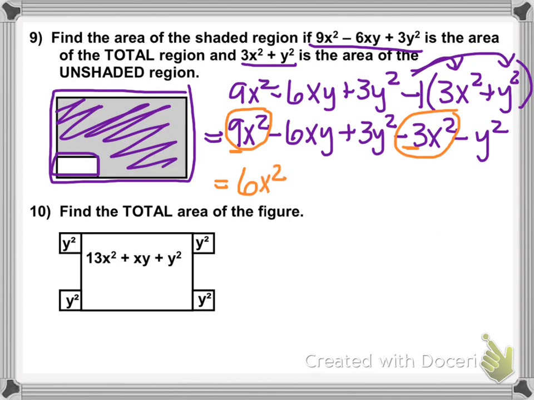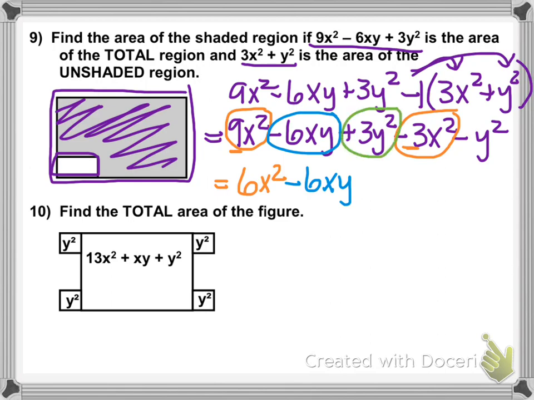All right, my next term is the negative 6xy. So I've got an x and a y, both raised to the first power, and I don't have any other terms like that. So I'm just going to rewrite it. It doesn't combine with anything. And then my last two terms, we've got positive 3y squared.